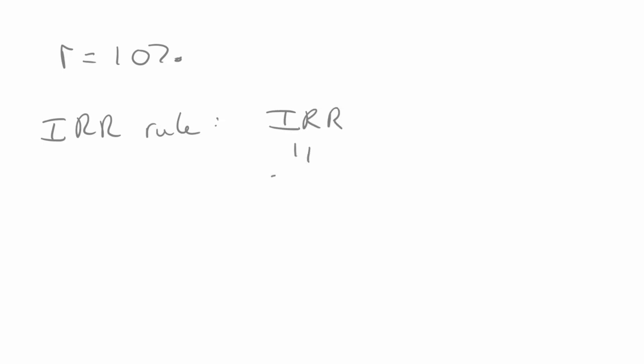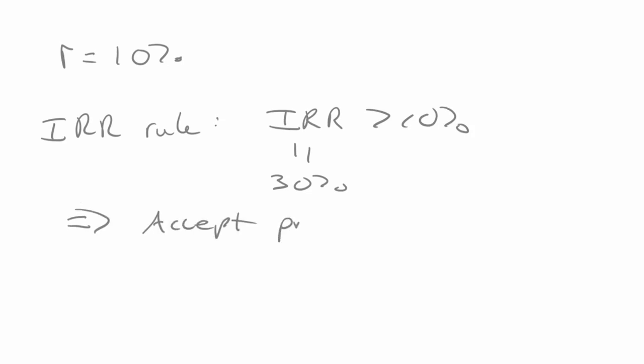So now suppose that the discount rate is 10%. So the IRR rule reasons as follows. The IRR, which is equal to 30%, is bigger than 10%. So we should accept the project. NPV, let's see.